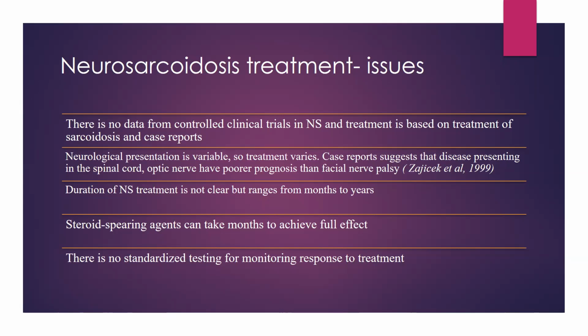The neurological presentation is variable, and the treatment is going to vary. Some forms are more severe than others. For example, the spinal cord and optic nerve can have a poorer prognosis than a facial nerve palsy. We don't know the duration of neurosarcoidosis treatment, but it's clear that it's going to be months to years. Steroid-sparing agents can take months to achieve full effect, and there is no standardized testing for monitoring the response to treatment in neurosarcoidosis.